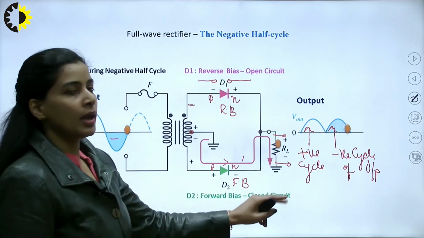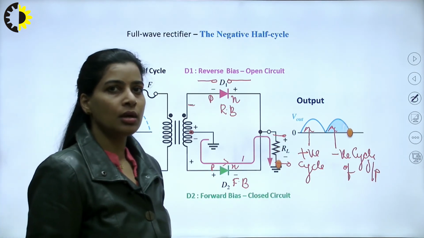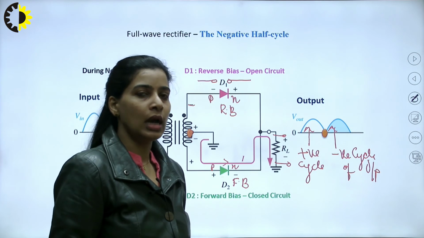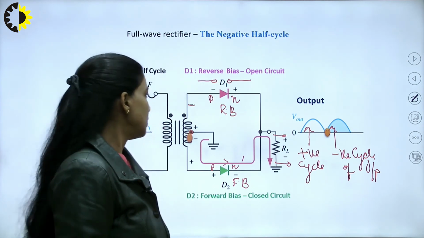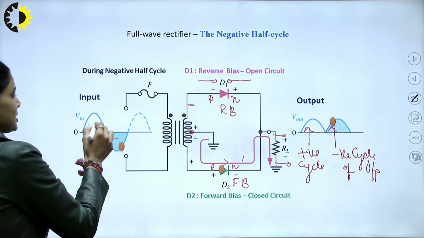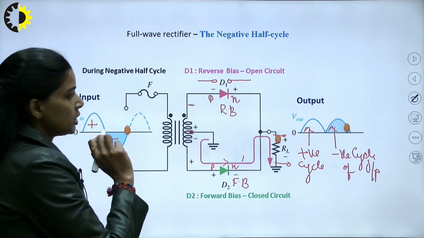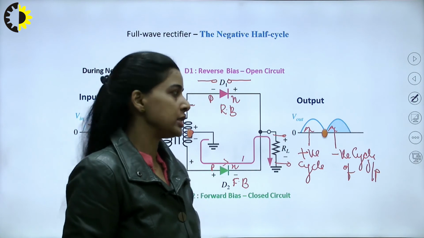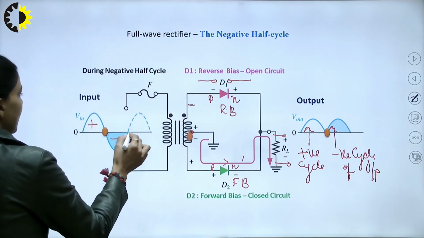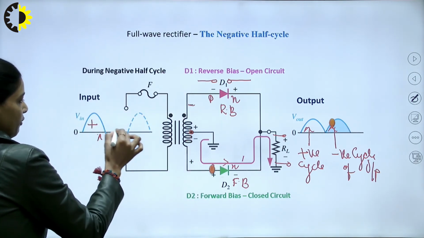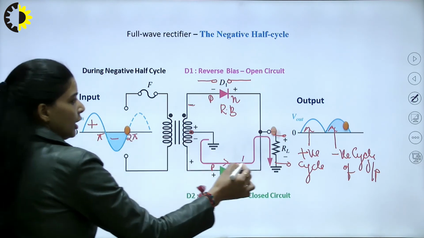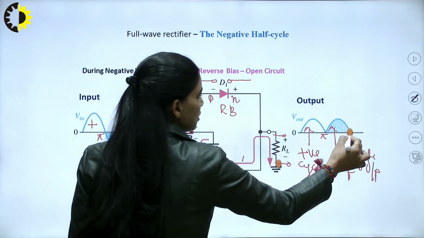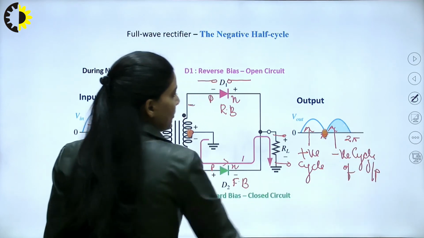So, in this way we get the output voltage and the output current for both of the cycles of the input. That is the reason it is called full wave rectification. It is rectifying the complete wave of the input cycle from 0 to 2 pi.